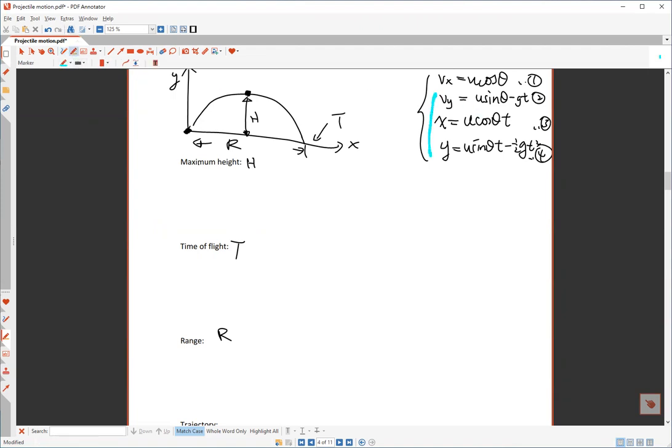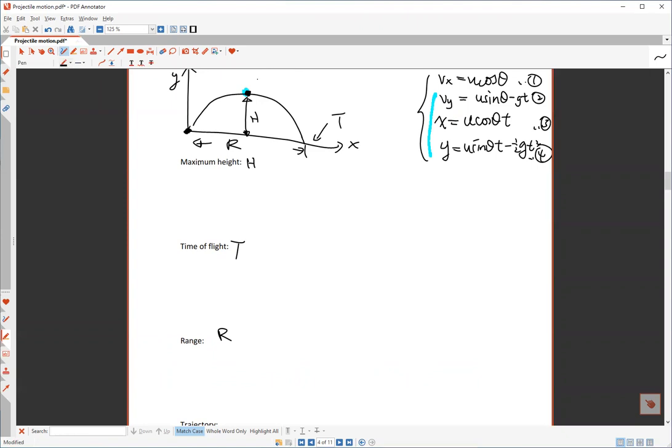So what does it mean? It means that you need to know about the time. If you know about the time at that point, then you can solve Vy, x, and y. Okay, you can solve anything you like. So the main point for projectile motion is to deal with the time. If you get the time, you finish the question.